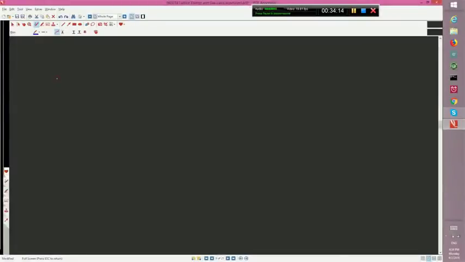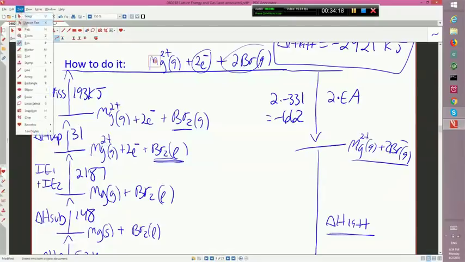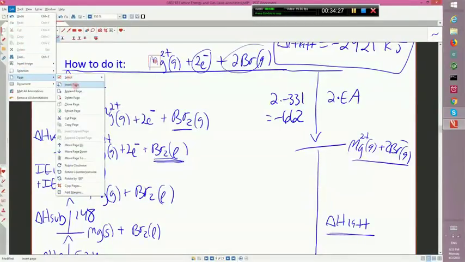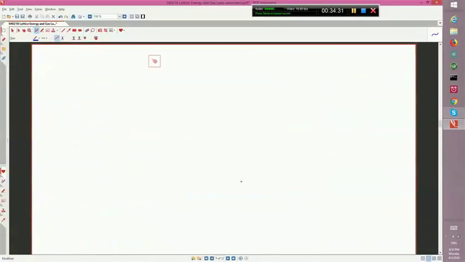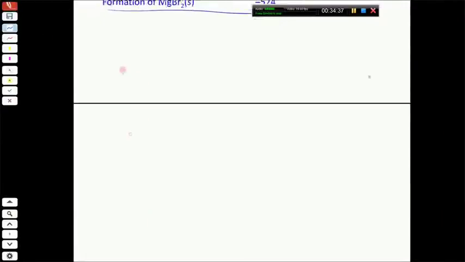How does it full screen? Alright, so I added another page in here just so we don't put this on the last stuff.